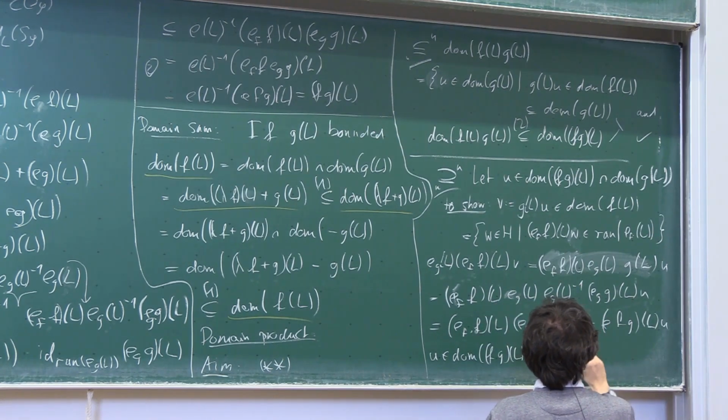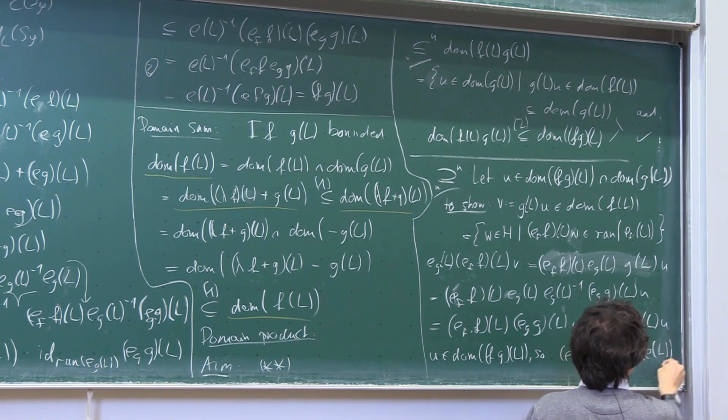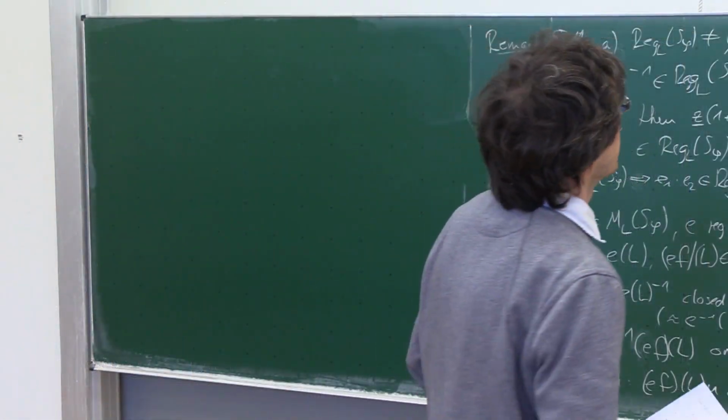I know that EFG of L is in the range of E of L. This is the definition of being in a domain. Okay, so where were we there?